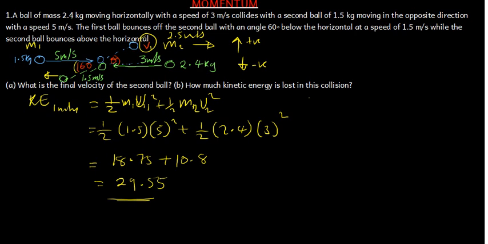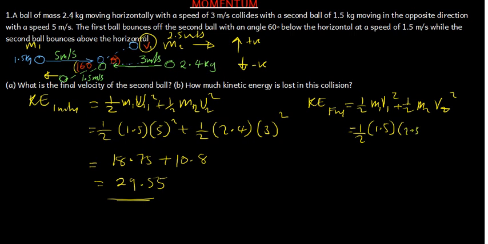Now let's find their final kinetic energies as a sum. So same formula, half m1, but here we are using the final velocities, v1 squared plus half m2 v2 squared. So half m1 is still 1.5. It bounced at what velocity? At 2.5 meters per second.